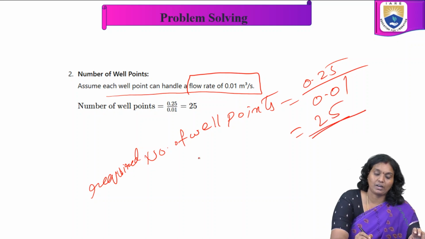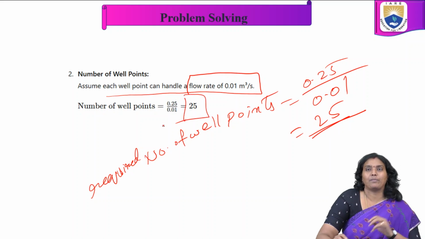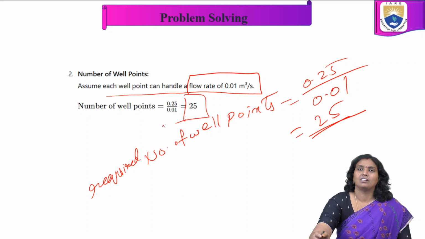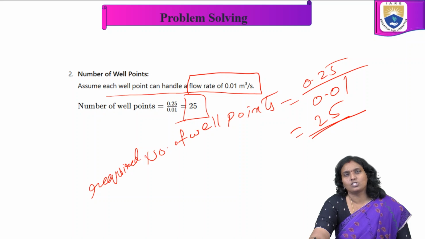So in this particular case, 25 well points are required to achieve the desired properties of the soil and the respective outcomes of that particular project.